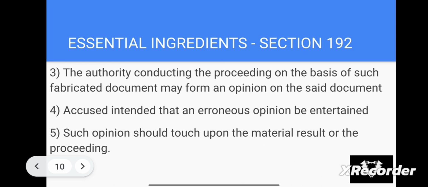The authority conducting the proceeding, on the basis of such fabricated document, may form an opinion on the said document. And the accused intended that an erroneous opinion be entertained, and such opinion should touch upon the material result of the proceeding.